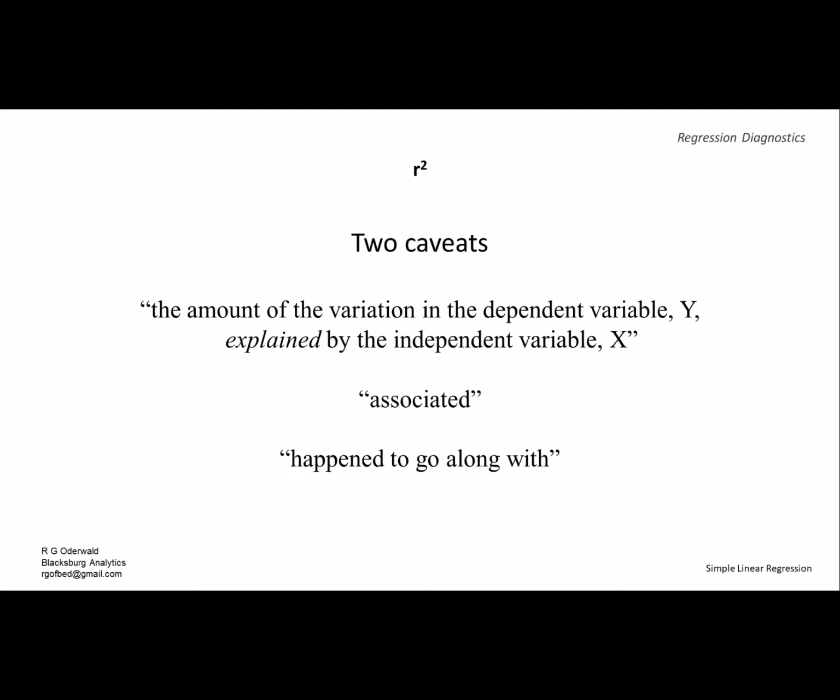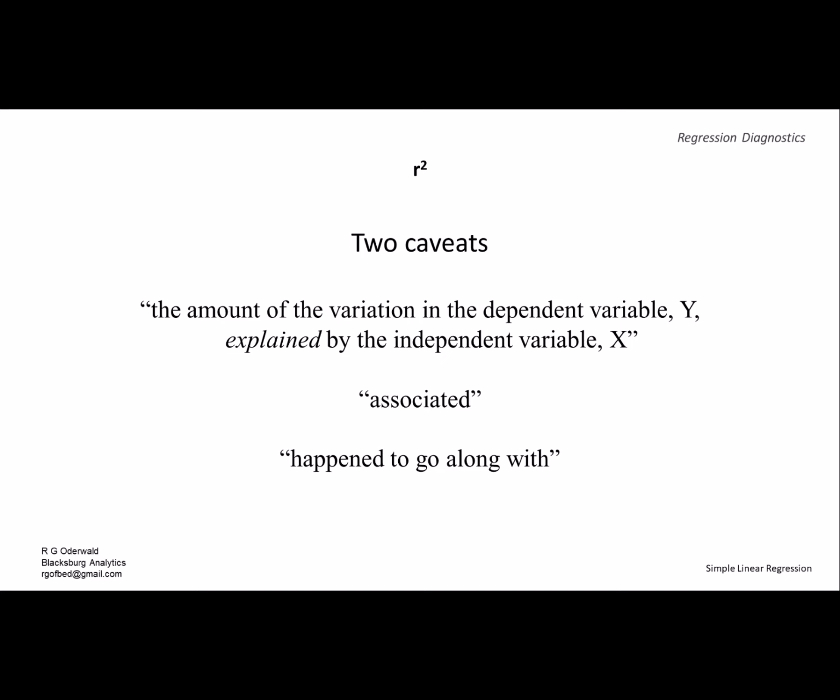There are two caveats with R square. First, R square is frequently described as the amount of variation in Y that is explained by X. X doesn't explain Y. Statistics cannot prove cause and effect. A better term is associated, or even happens to go along with.